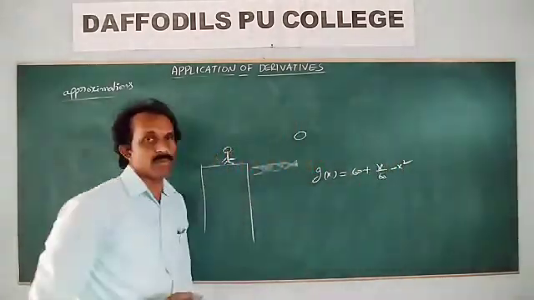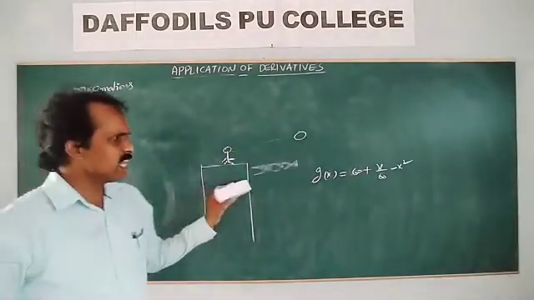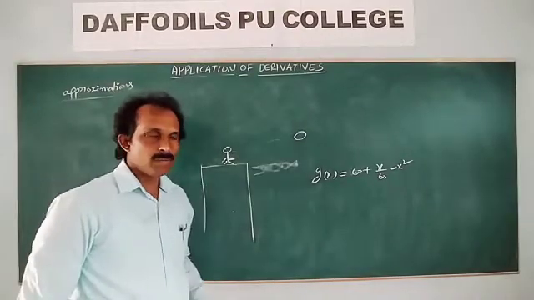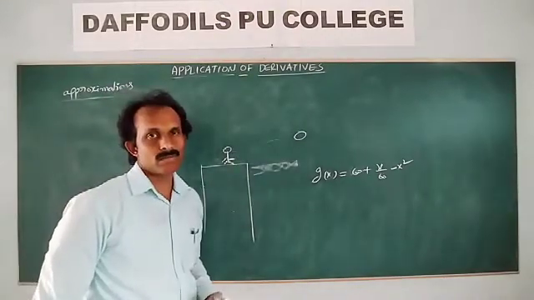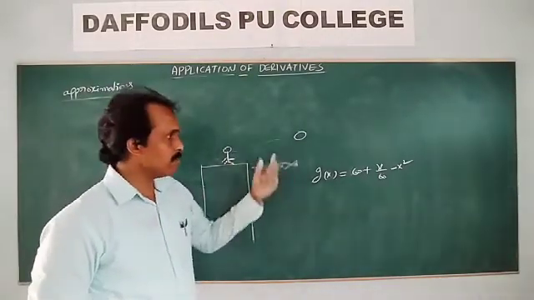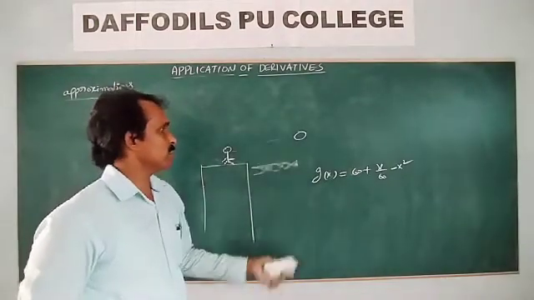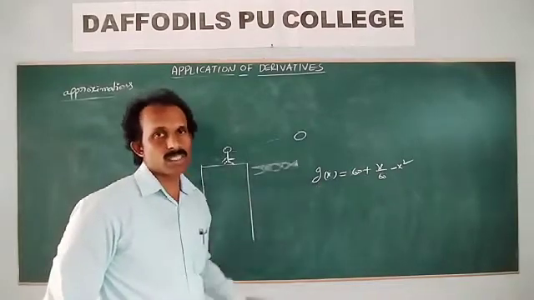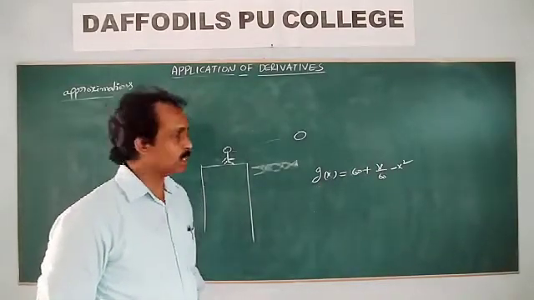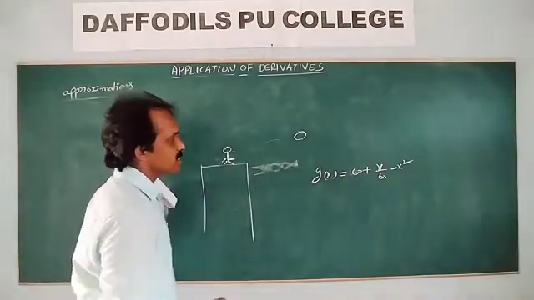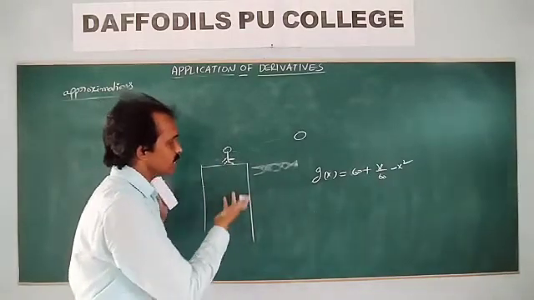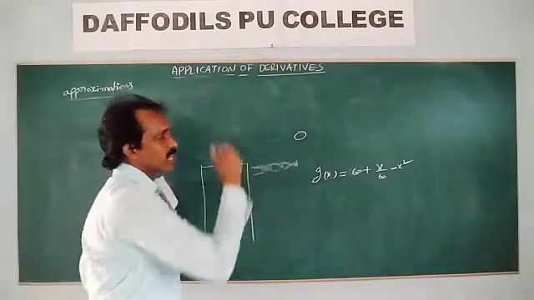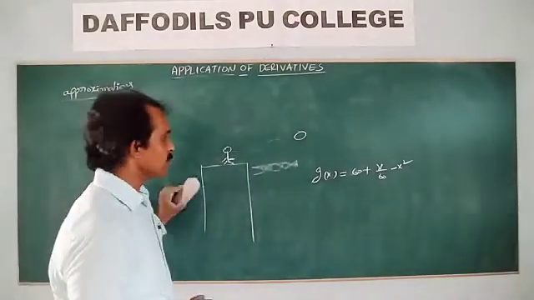Let it be. x is the horizontal distance. How much height, means the maximum height the ball goes, by using the maximum and minimum concept. Here x is the horizontal distance and the ball starts at 60 meter height when you throw it. So find out how much height.